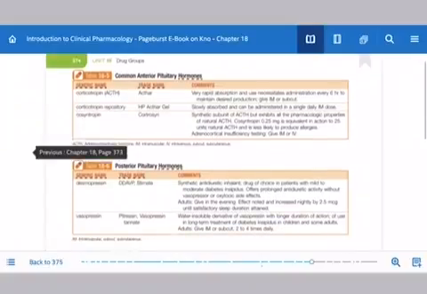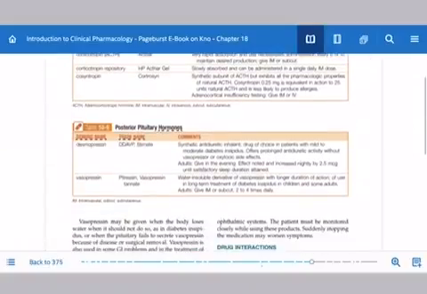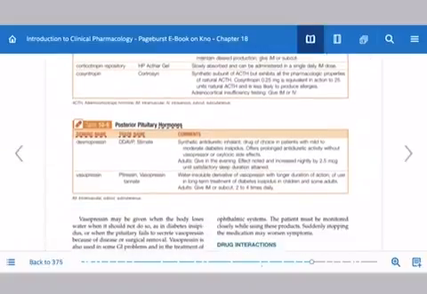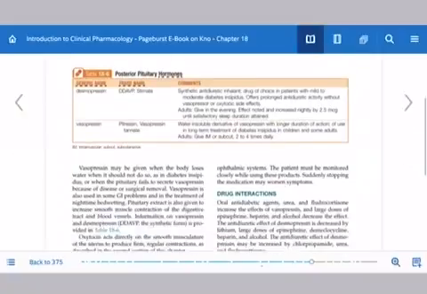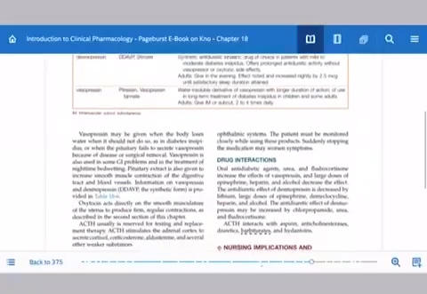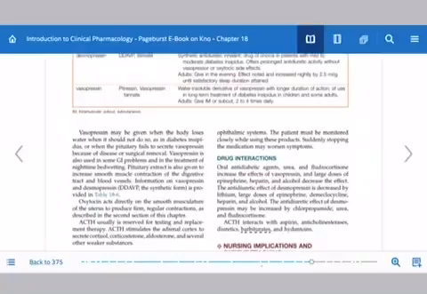Here we go. So if we look at some of your side effects here, all right, I want you guys to read over this, be familiar with these. All right, and then some of the drug interactions that can happen with these.